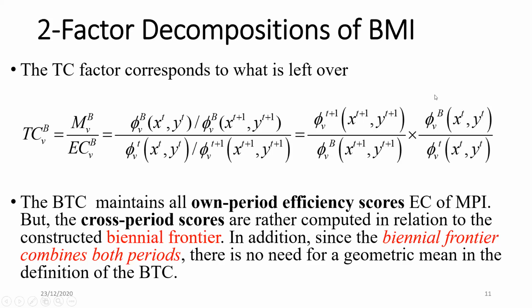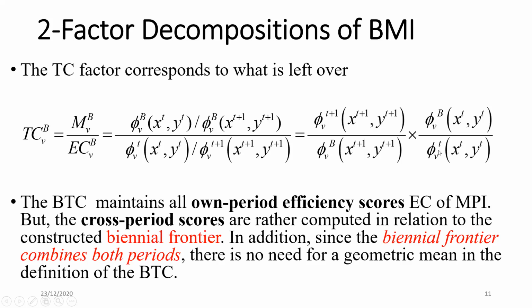When you look at the last equation, you will see that some portion of the technical change part is relative to the biennial frontier. You can see phi VB and then phi VB. But another section is phi V T plus 1 and its diagonal is phi VT.